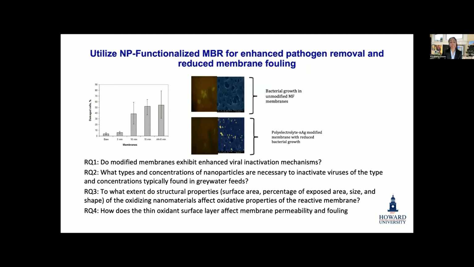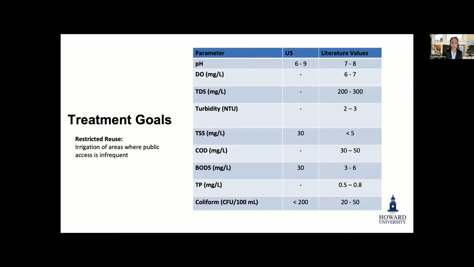So we knew that silver is likely to reduce bacterial growth, but we didn't really look at viruses and how the reduction might be. And also thinking about the structural properties of our membrane, and what the processes are when we think about oxidizing the nanomaterials, or what really is going on at the surface to enable this reduction.